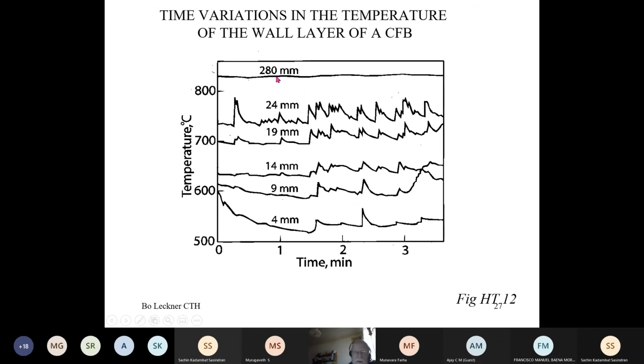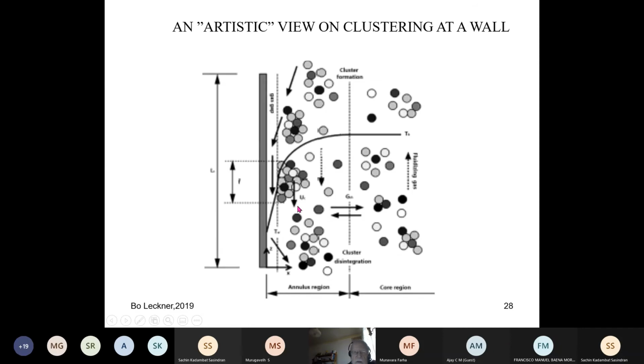It's interesting to see that this thermocouple, which was 28 centimeters from the wall, measured a very smooth bed temperature. There were no particular thermal clusters there, but yes, in the wall layer, we had such behavior. You can illustrate this perhaps like this.